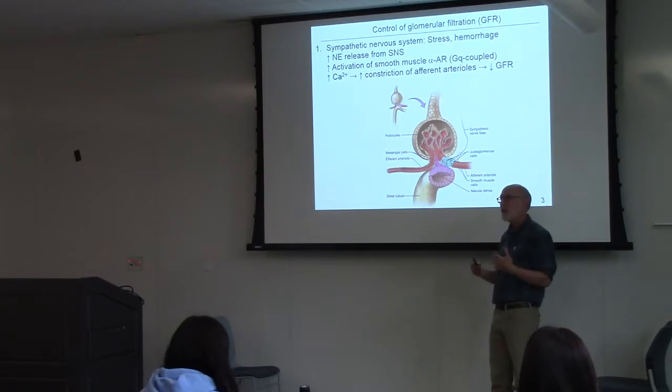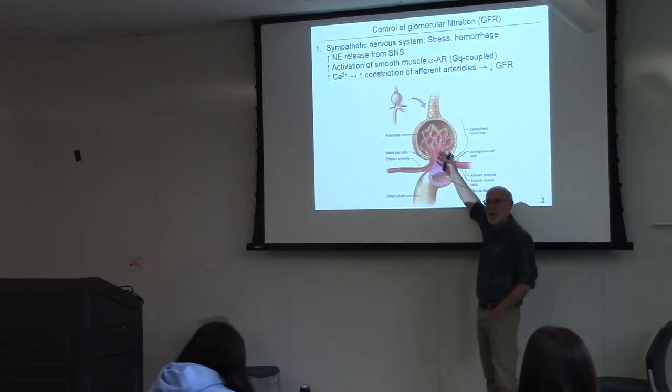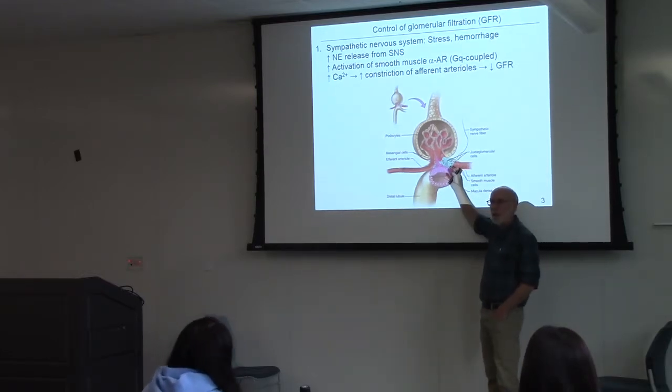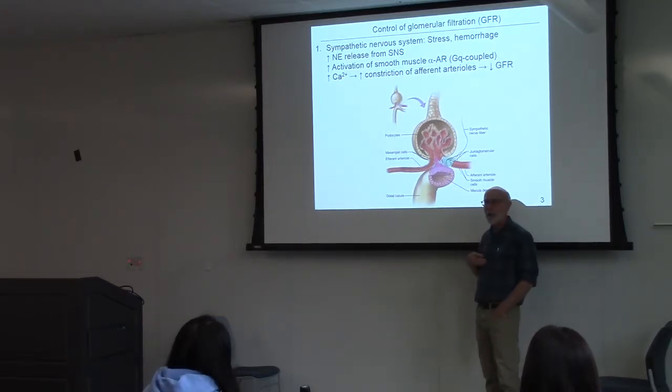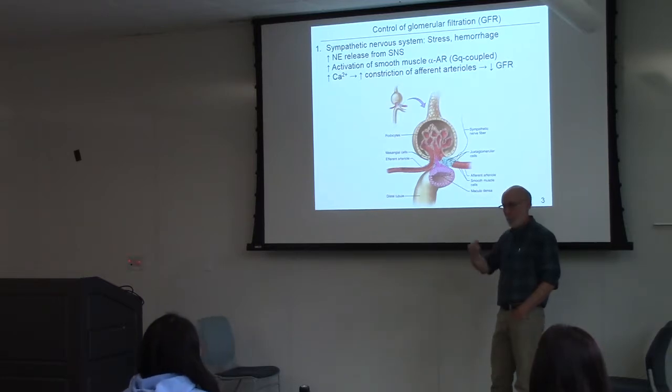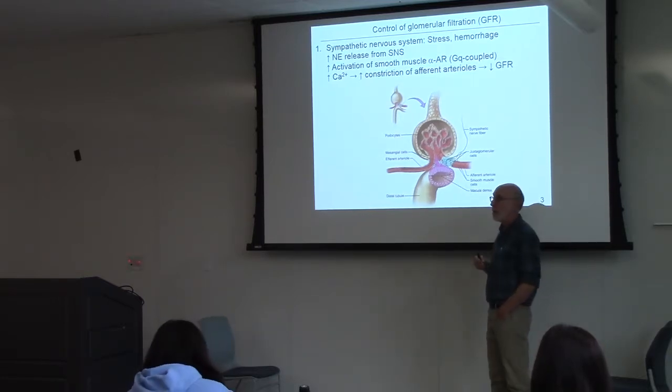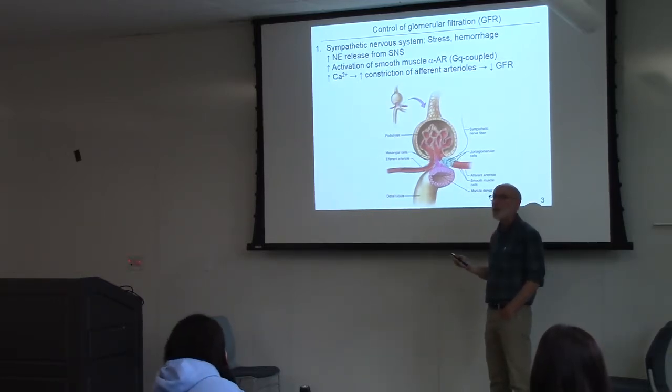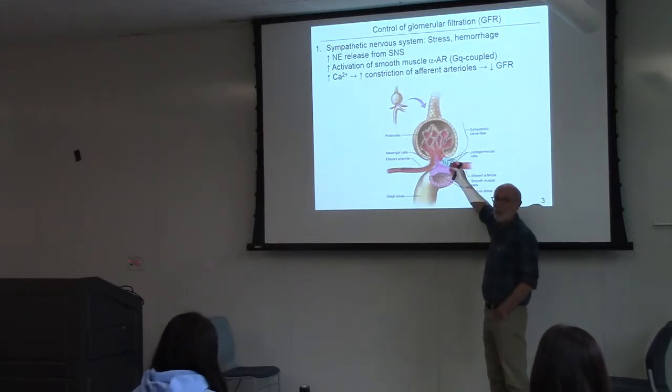The last thing we want to do right now is make a lot of urine. Constrict the afferent arteriole and reduce filtration. We need to conserve water. The first way to conserve water is not filter it. We'll talk about recovering water over the course of the next hour, but one of the ways we can conserve water is to not filter.